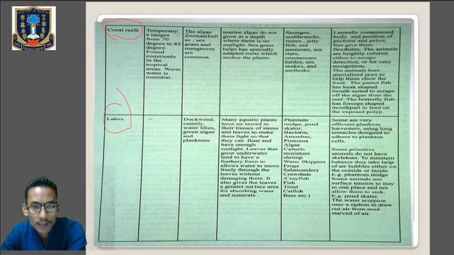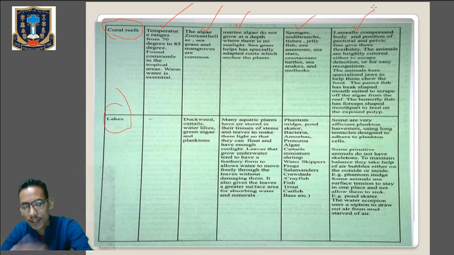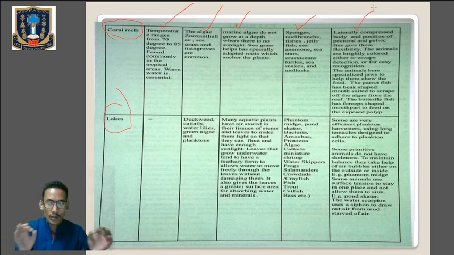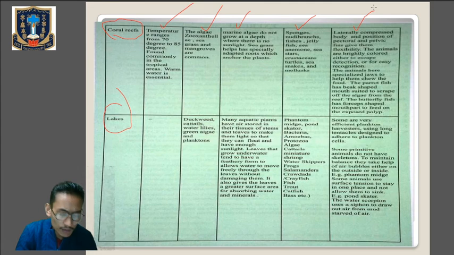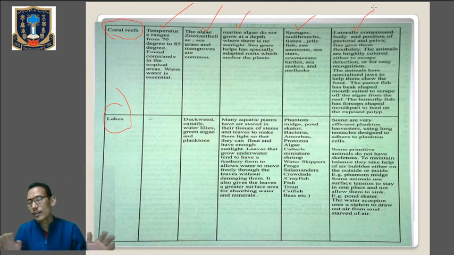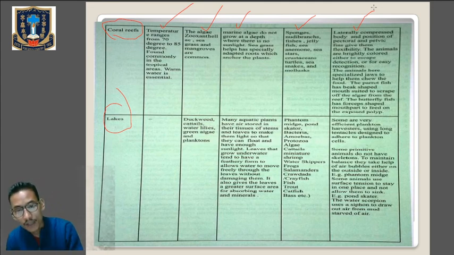This is the climatic condition of that biome, then the name of the flora present in each biome and the adaptive features of each flora, then types of fauna present in each biome, meaning animals, and the adaptive features found in each animal in the respective biome. So kindly go through this table. You will find the comparative study of plants and animals and the adaptations present in different biomes. So go to page number 34 and 35.